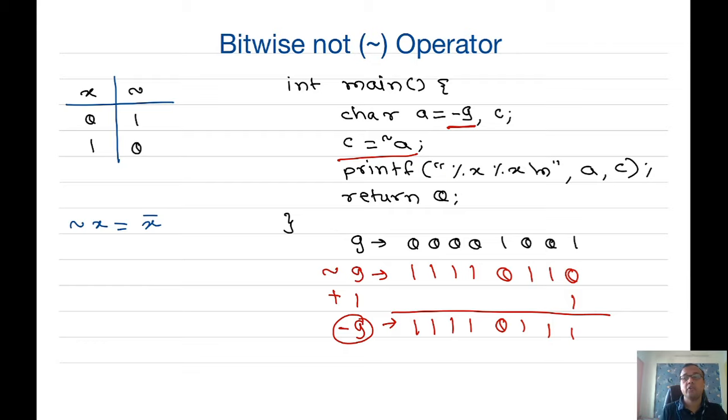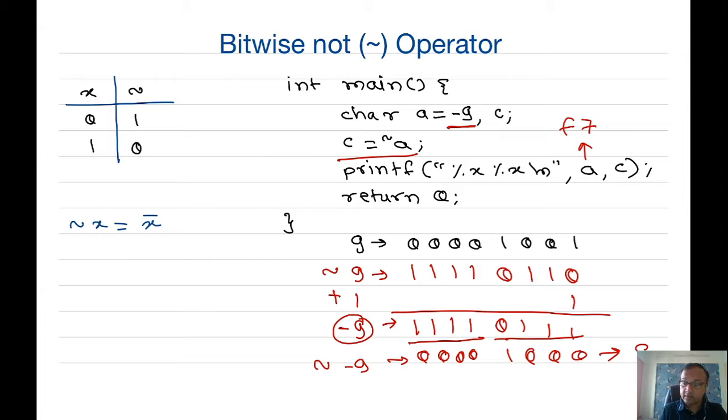So this is in front of you. -9 will be like F7. And what about the complement of this? The complement of -9 will be 00001000, and that comes out to be 8.